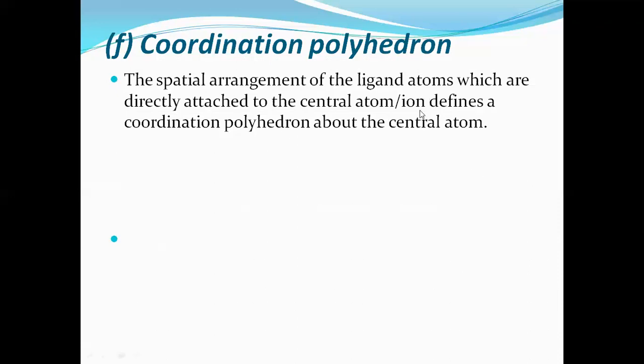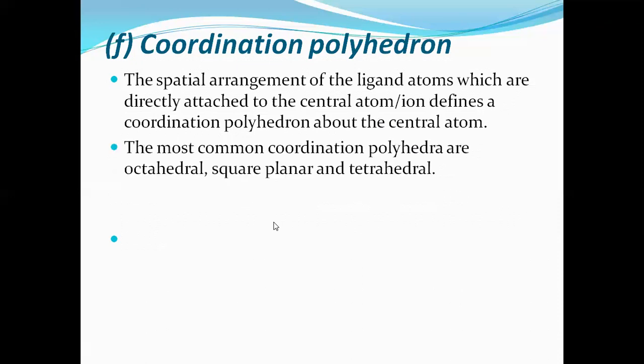The spatial arrangement of the ligand atoms which are directly attached to the central atom or ion defines a coordination polyhedron about the central metal atom. Most common polyhedra are octahedron, square planar, and tetrahedron.